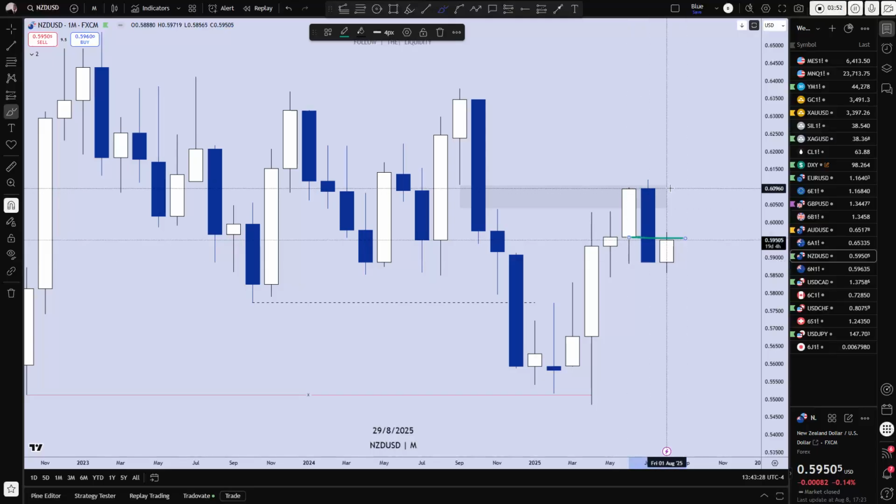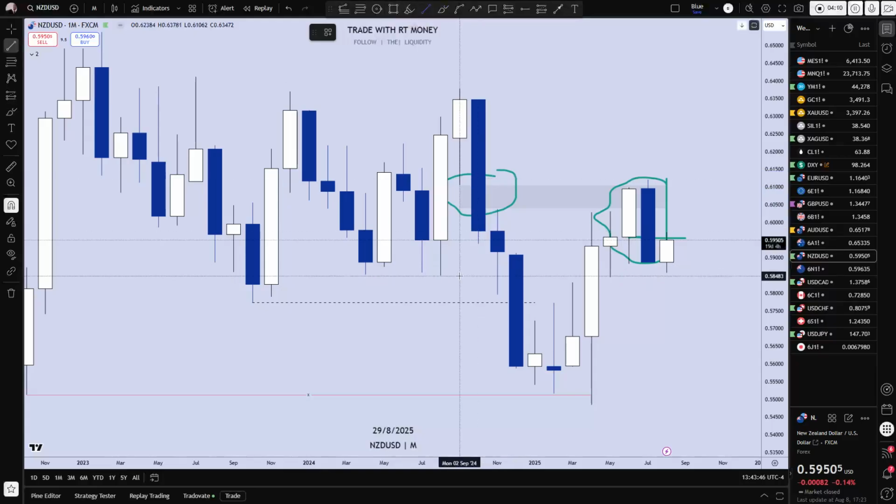Look, an order block was formed. The reason why this is an important order block is because it took place at an important POI, a place of interest, and that's this fair value gap.